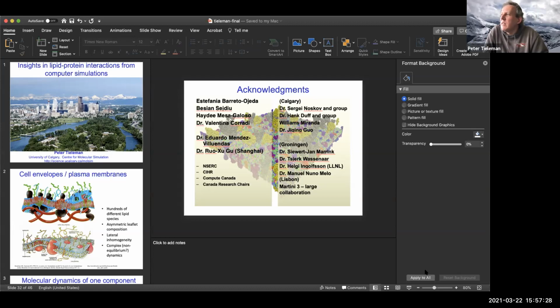We had a Martini workshop a year and a half ago, and Siewert is driving this towards more options and more complexity on the one hand. And I was arguing, well, if you make this too detailed, you're back to CHARMM36. But even the most detailed level now is much less detailed than CHARMM36 or an atomistic force field.